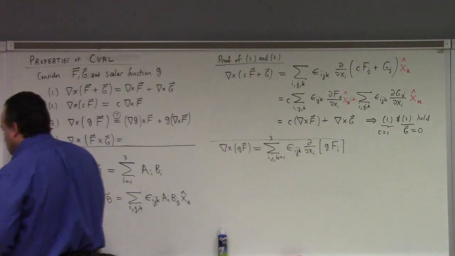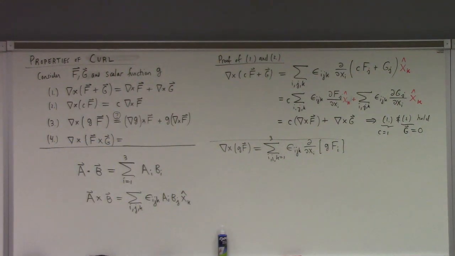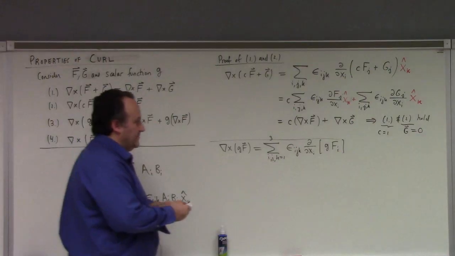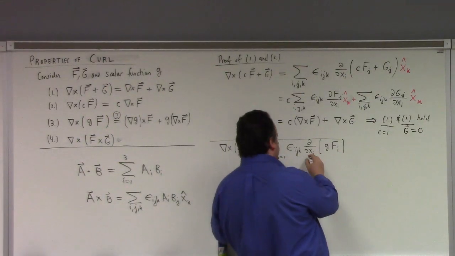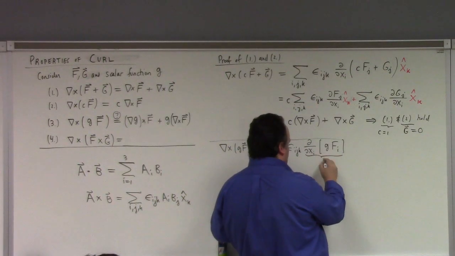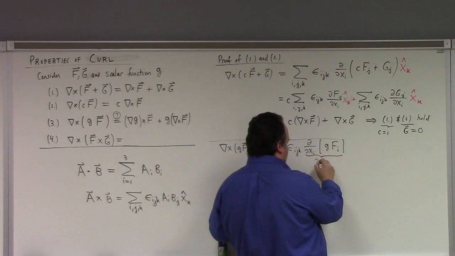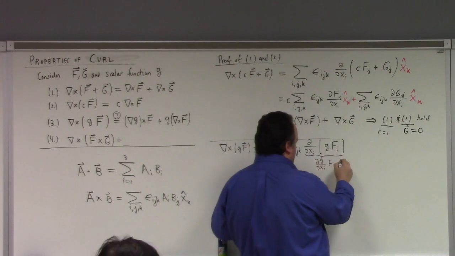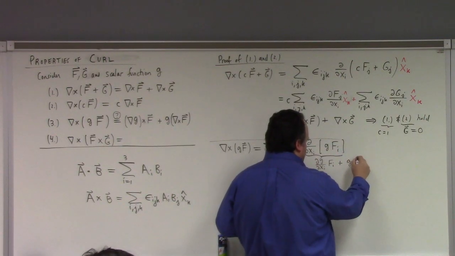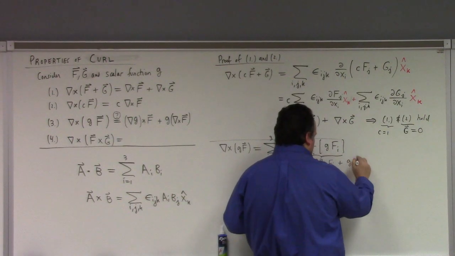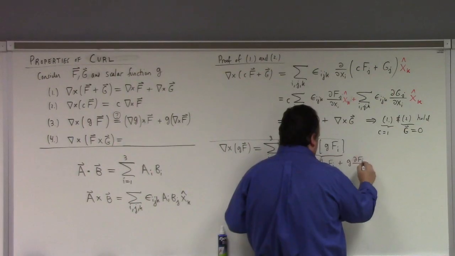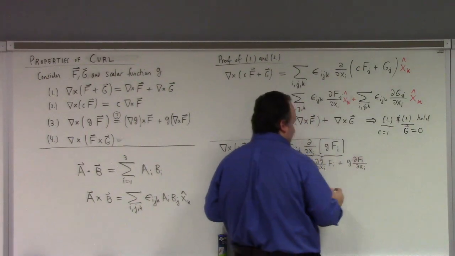Now, let me save myself a little bit of writing here. What is this? This is going to give me partial G, partial x sub i times F sub j, plus G times partial F sub j, partial x sub i, right?